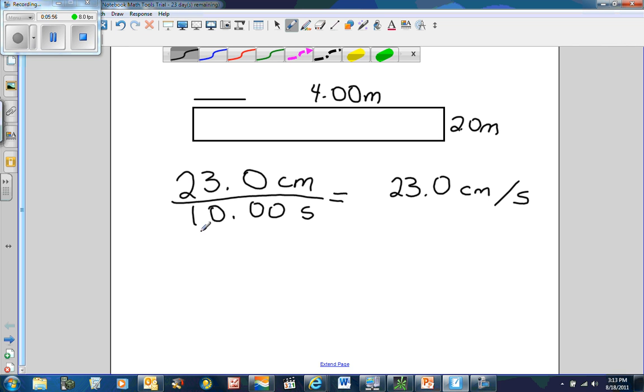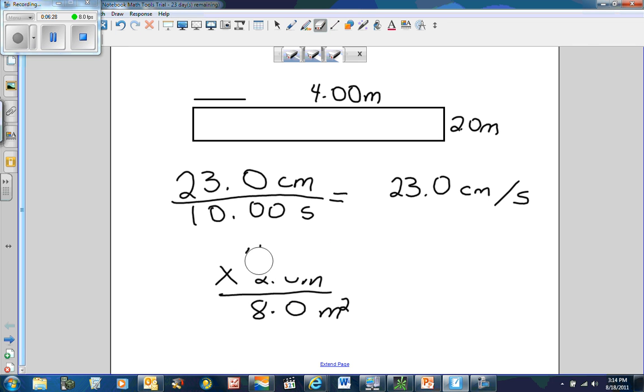And if I want to find the area, I would say 4.00 meters times 2.0 meters. Now 2 times 4 we know is 8. And I can have two significant figures, and that's going to be meters squared, because the 4 has 3 significant figures, the 2 has 2, and so the 2 is my least number of significant figures, so my answer can only have 2.